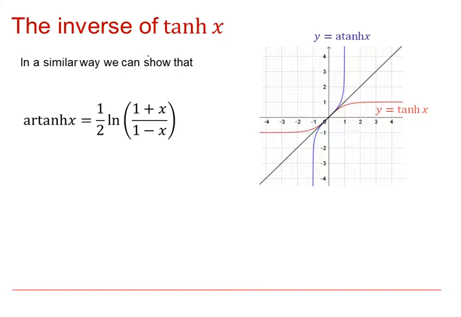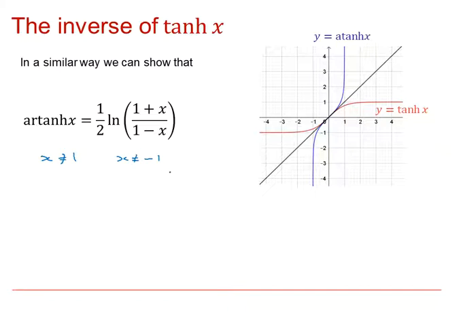If we now look at the inverse of tanh x, which is artanh x, we can see that artanh x and tanh x are mirror images in y equals x, and we can also pick out one or two other interesting details. For example, when x equals 1, we're dividing by 0, so this function isn't defined when x is 1, and when x equals minus 1, we're taking the logarithm of 0, which is undefined.